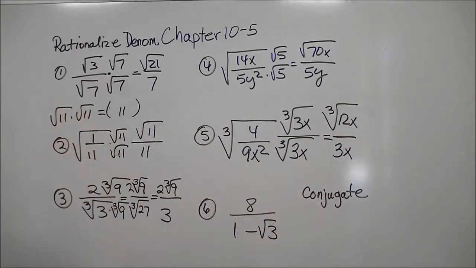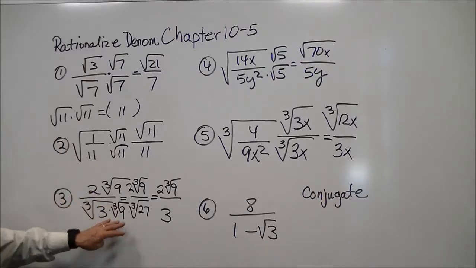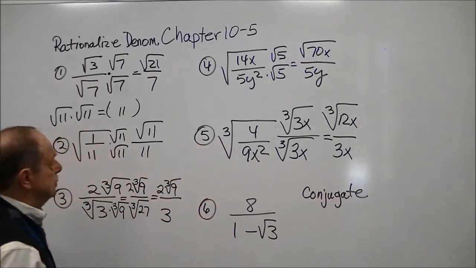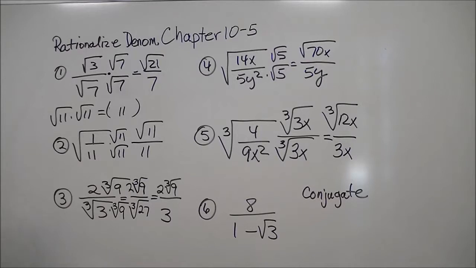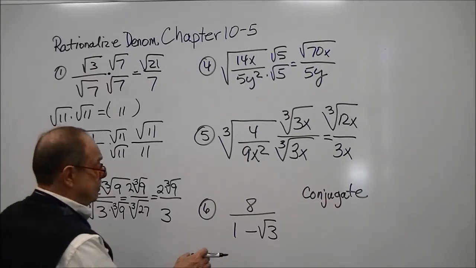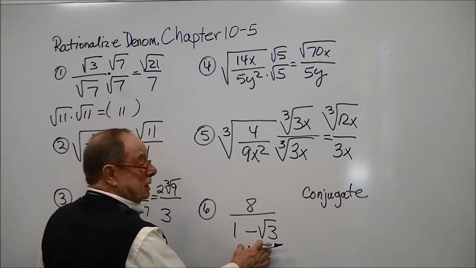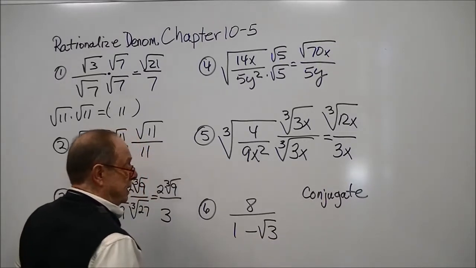So these were sort of easy. A little creativity with the cube root. But now we're getting to something a little bit different. Here we now have a binomial in the denominator.